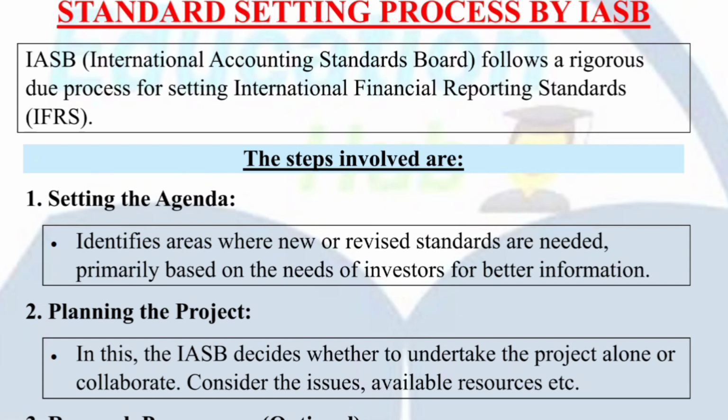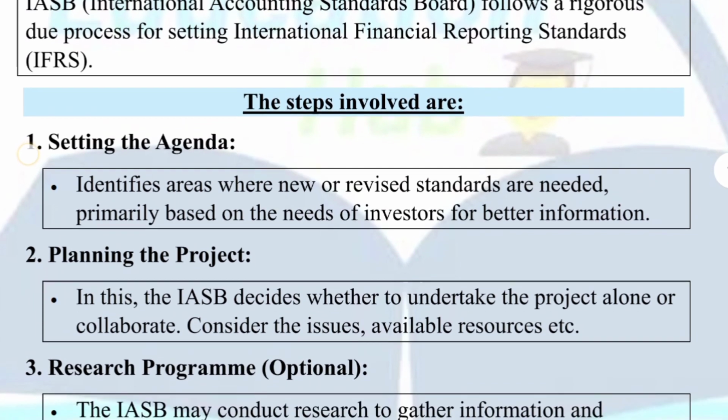This phase is very important for establishing a groundwork or the basis for future development. So setting up the agenda, in very simple terms, is identifying the areas where new as well as revised standards are very much needed. So this is the first step.